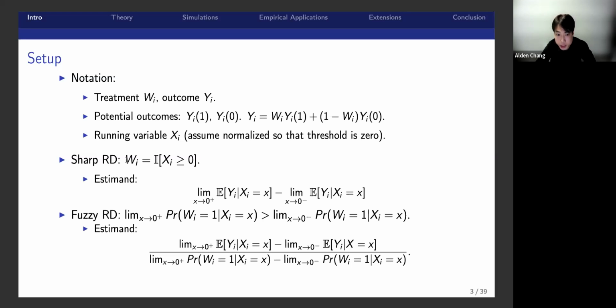And in that case, we can estimate the treatment effects by dividing the difference in the conditional expectation functions, or CEFs, by the change in the probability of treatment as individuals pass the threshold. So this looks a lot like the Wald ratio from IV estimation.